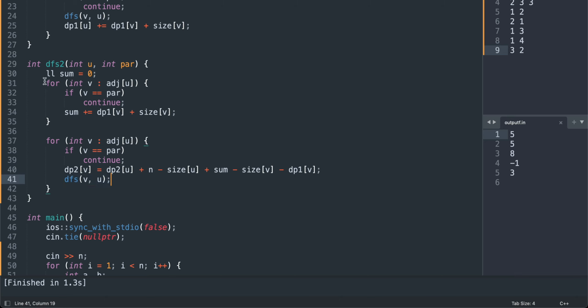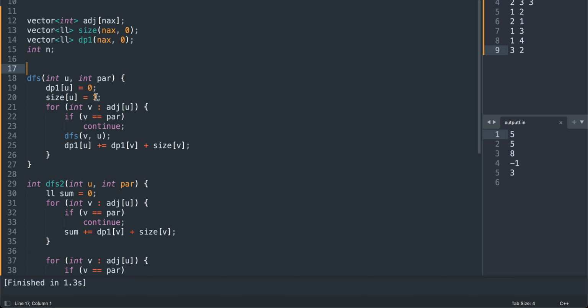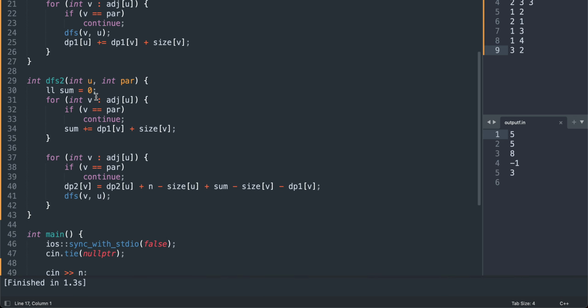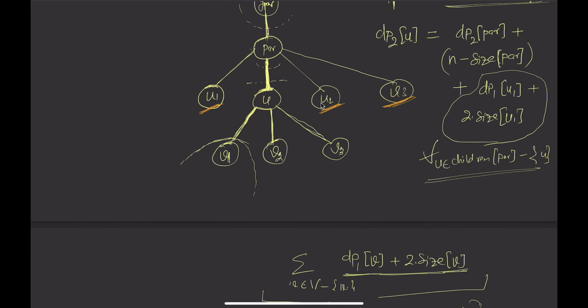I think it will work now. Let's see. These all will be long long. Size can be int. For every value, I calculate the sum for the children of u, which is dp1 of v, each one incremented by the size of v here.